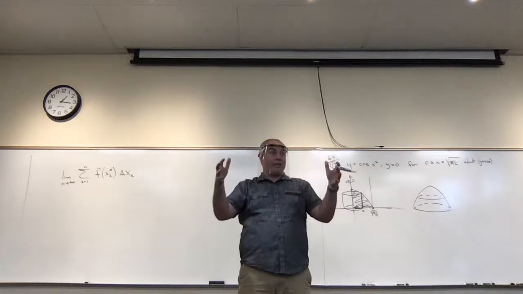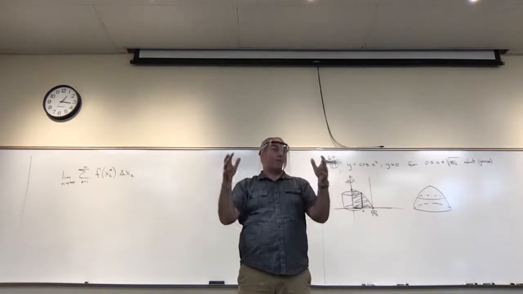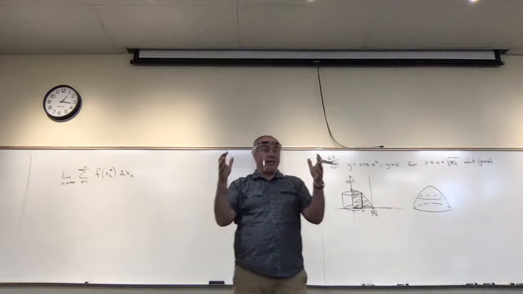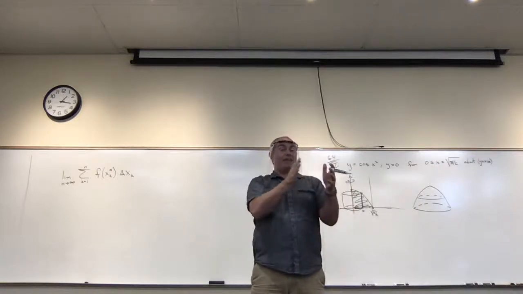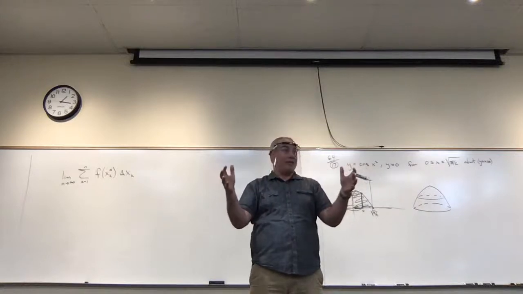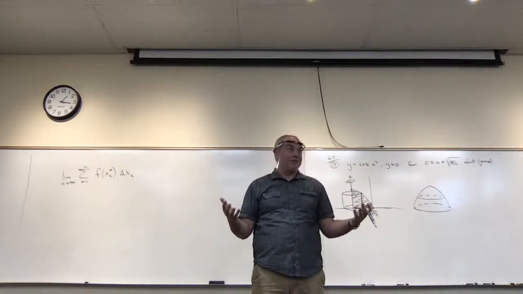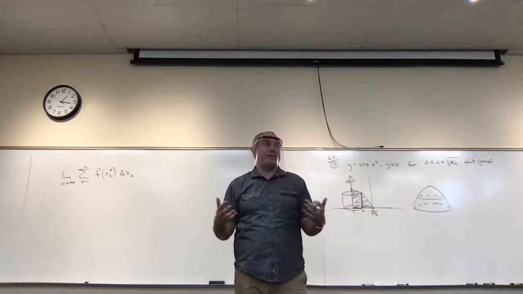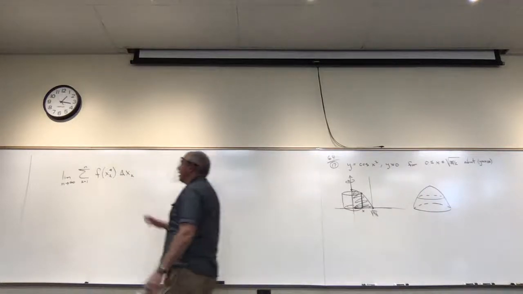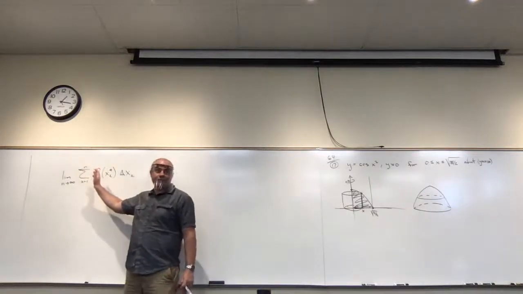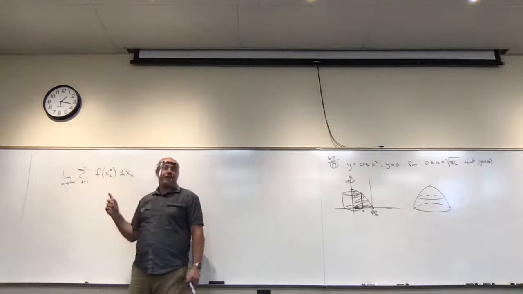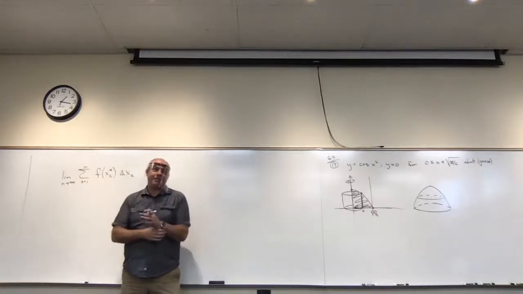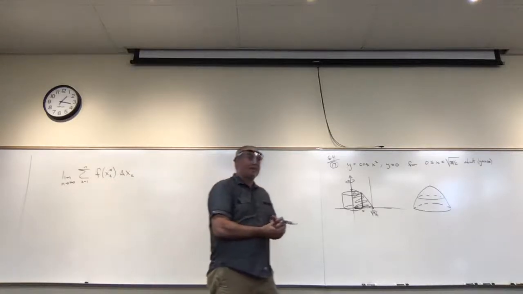Add all those volumes together, and I'd have an approximation for the volume of the football. And if I let the number of cuts go to infinity, then I get the actual volume. Does that make sense? So a Riemann sum is just saying, cut it up into a lot of pieces, then add up all the pieces, and then let the number of pieces go to infinity. And that's basically what a Riemann sum is.